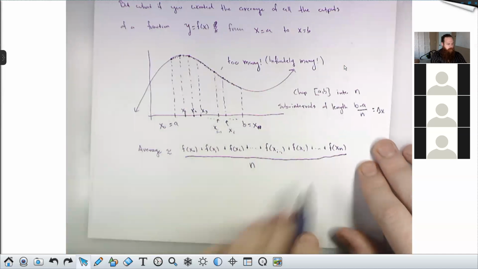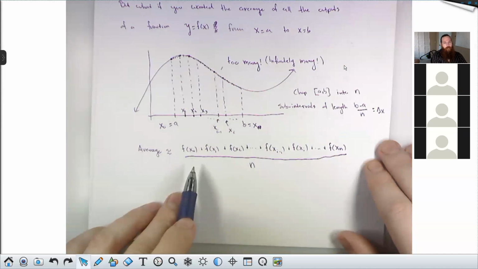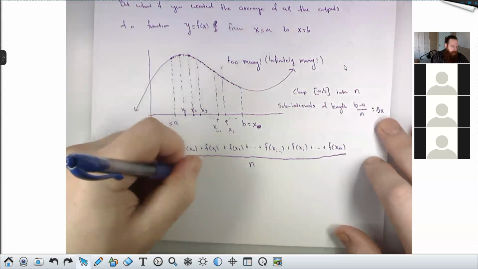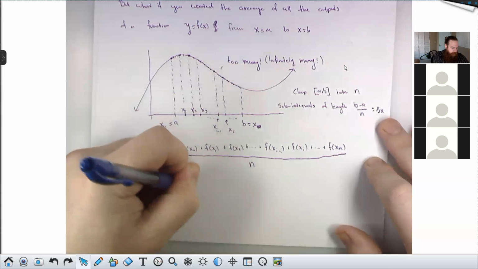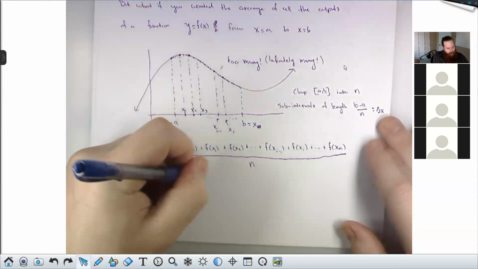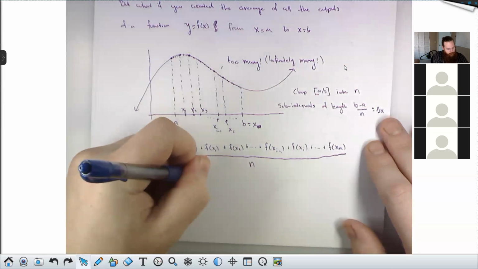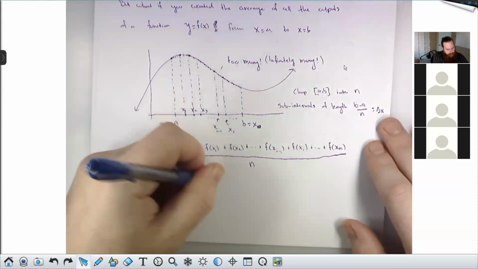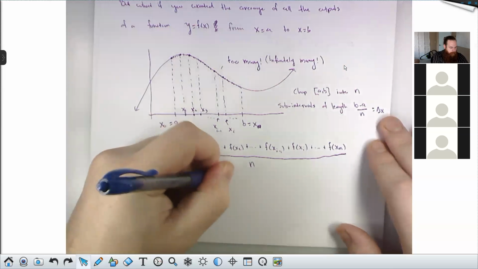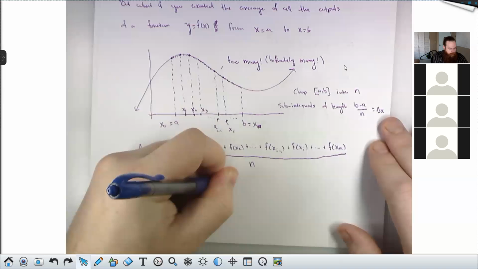And then you can just massage this algebraically until it turns into a Riemann sum, right? So if I write this in sigma notation, that's sigma i from 0 to n of f of xi, and it's all being divided by n. That's the same as multiplying by 1 over n.